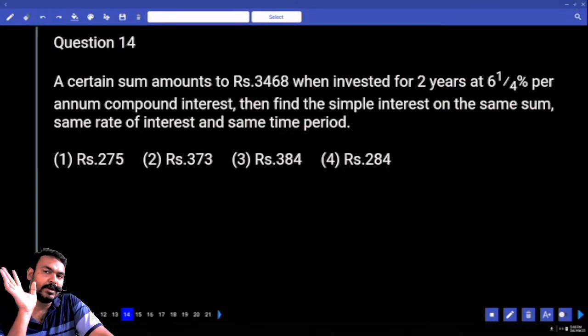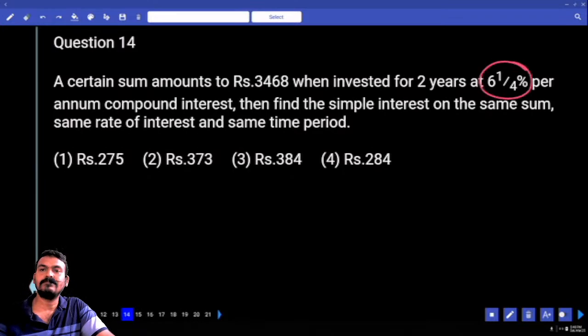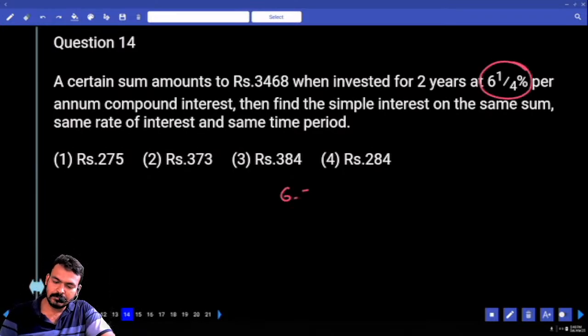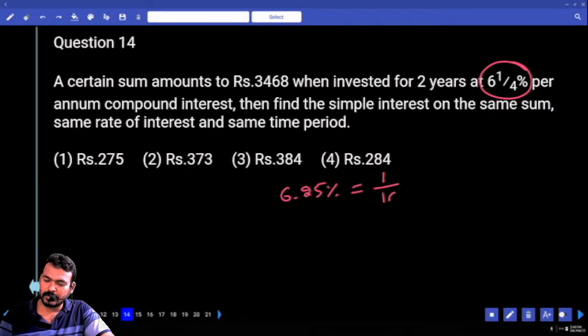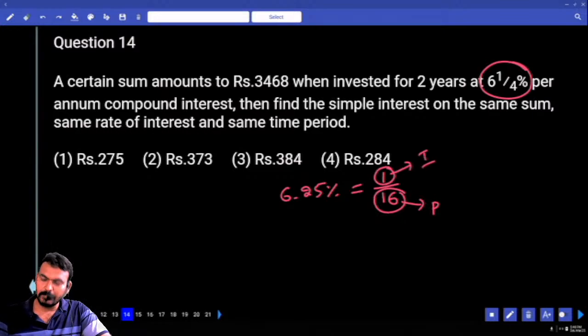Both cases the time period is also the same, and the rate of interest is also the same. What is the rate of interest in the first one? 6 1 by 4%, that is 6.25%. 6.25% means what fraction? 1 by 16. Means the principal is 16 parts.